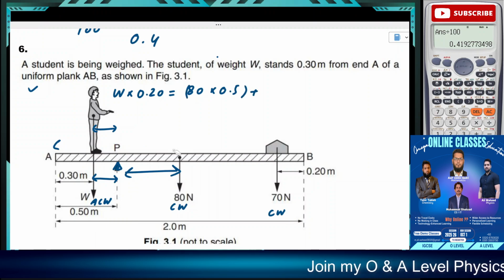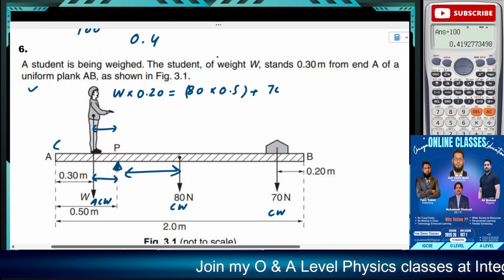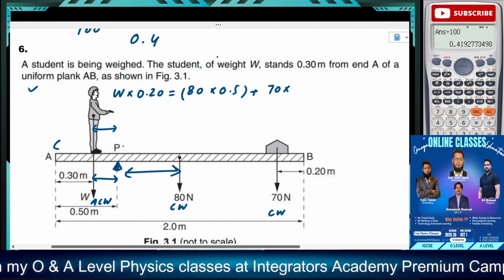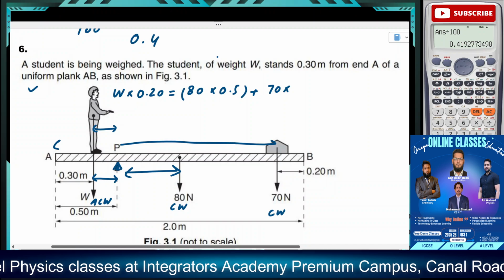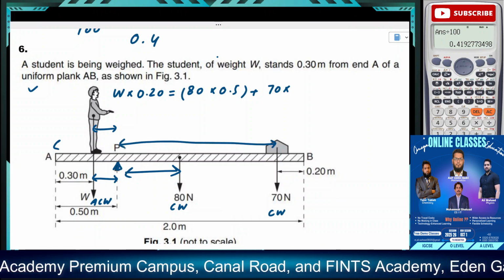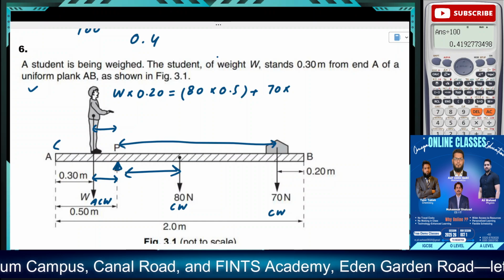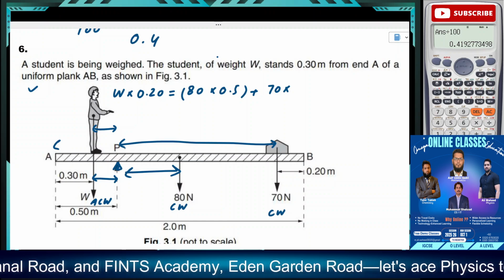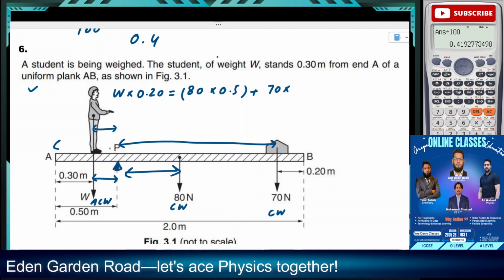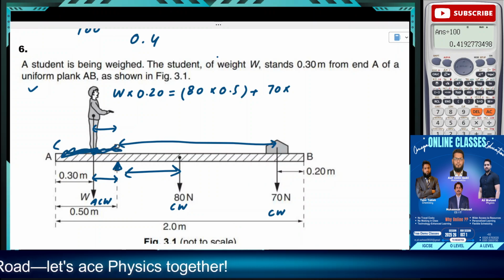Plus this another one, clockwise also, 70 times this distance. We can find this one. So how do we find this one? The total is 2 meters. From 2 meters you can subtract this distance 0.5, and you can subtract this distance also.